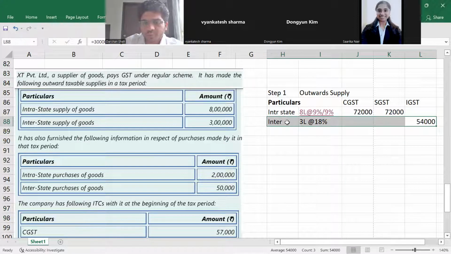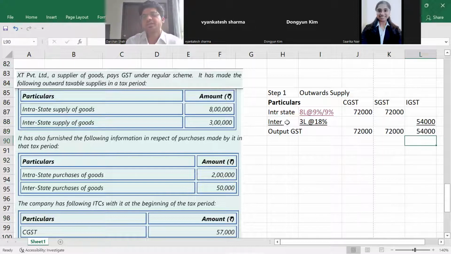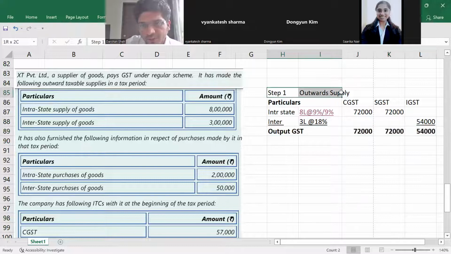So my total output GST collected is how much? It is 72,000 CGST, correct? 72,000 SGST and 54,000 IGST. No problem in step 1, guys. Everyone has understood step 1, outward supply?